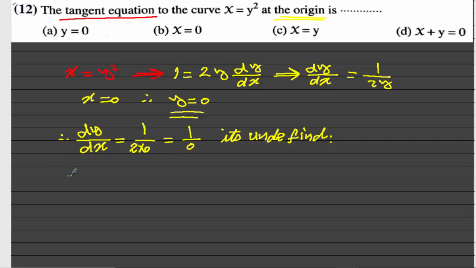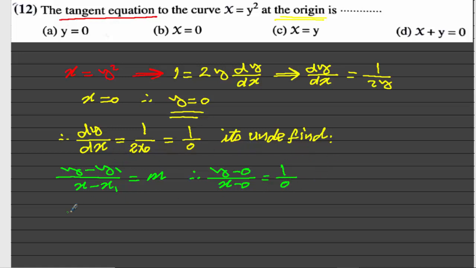And the equation of any straight line is (y − y1)/(x − x1) = m, where m is the slope, so (y − 0)/(x − 0) = 1/0, because dy/dx is undefined.